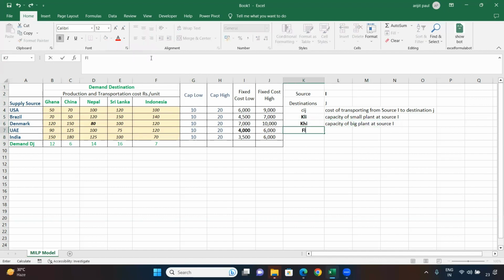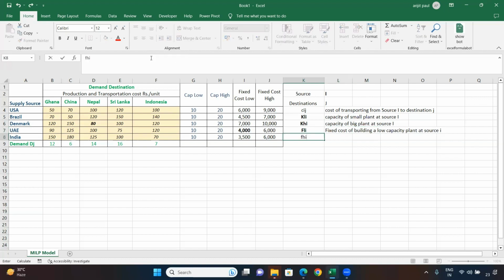Now, what is FLI? FLI will represent the fixed cost, that is the capex, of building a low capacity plant at the source site.